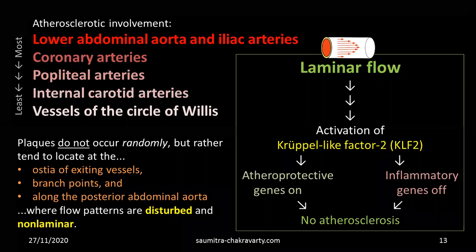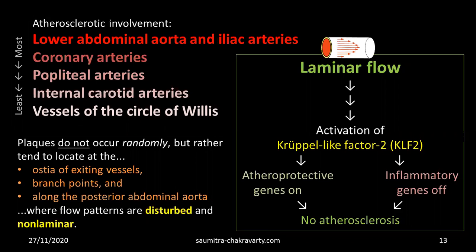Now, in laminar flow, the blood flows in such a way, or any fluid for that matter, not just blood, in a layered fashion. A layer of molecules of that fluid goes in the same direction, and just above and below, the molecules are parallel to the central layer, like parallel sheets of molecules moving in the same direction.